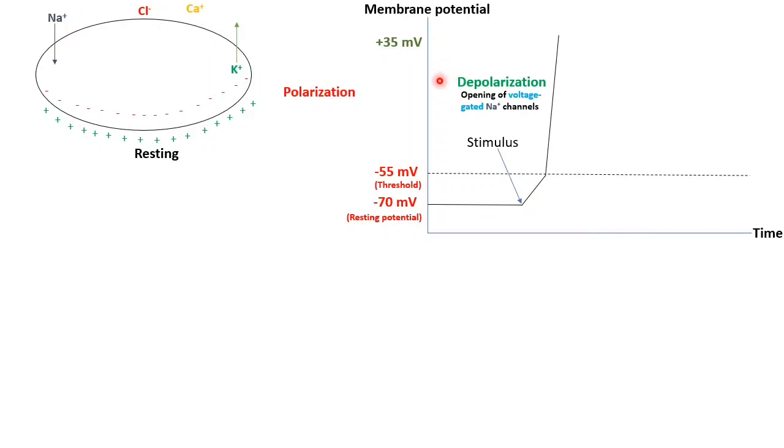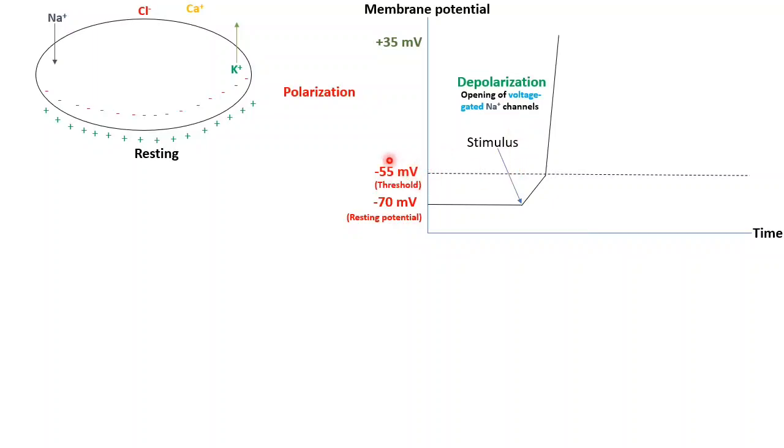Okay, so that happened because of the opening of sodium channels, and we call those sodium channels voltage-gated sodium channels. Why are they called voltage-gated? Because their gates were opened after the change in voltage. So these channels are controlled by voltage.